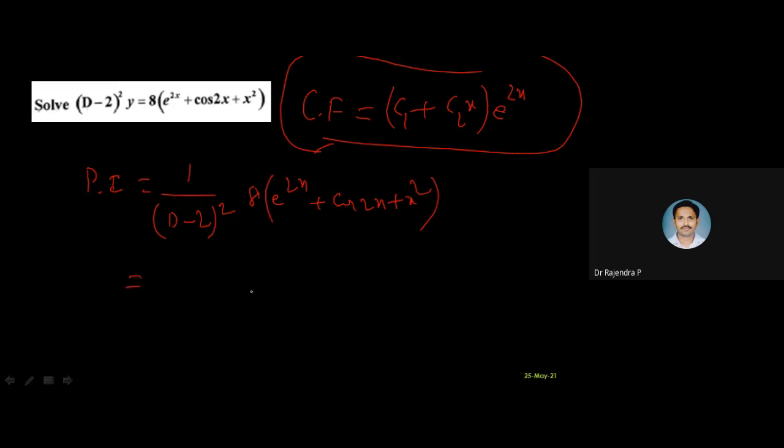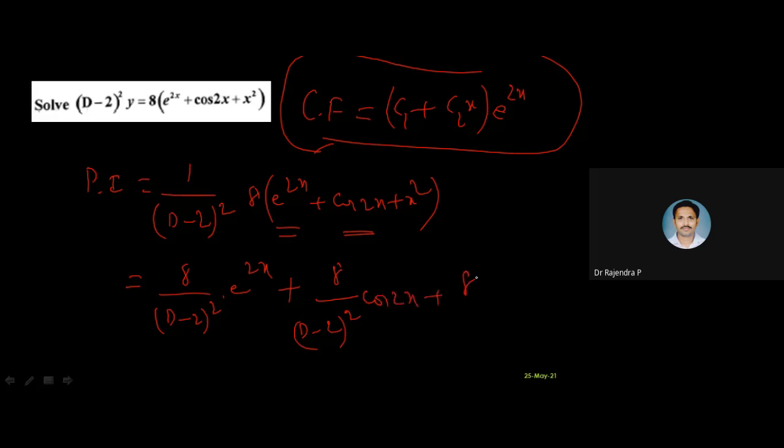As a homework? Yes, sir. Because these are three different cases. You may get it like this, something like, I will write it up: 8 by (D minus 2) whole square into e power 2x is one part. 8 by (D minus 2) whole square into cos 2x is another part. 8 by (D minus 2) whole square into x square is another part.